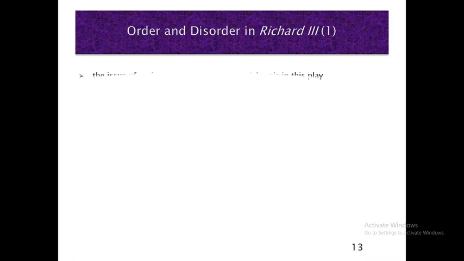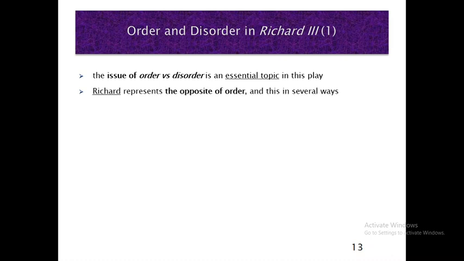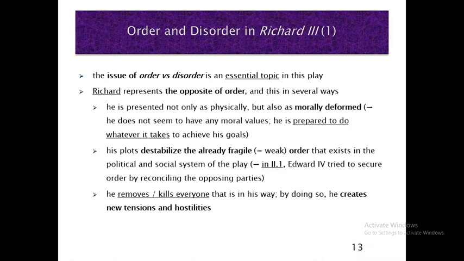So let's talk about order and disorder, because this is an essential topic in this play. If we look at the play, we see that Richard represents the opposite of order, and this in several ways. He is presented by this play not only as physically deformed, but also as morally deformed.